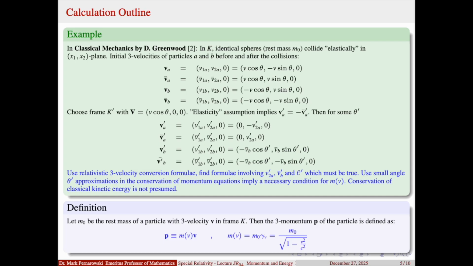What they do in this reference above by Greenwood is they basically say, look, once I've done all that, I know what the pictures look like and I know how the velocities add. So if I use small angle approximations, I can find out a necessary condition for the function m of v when I put everything together.